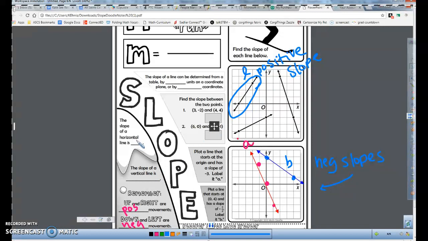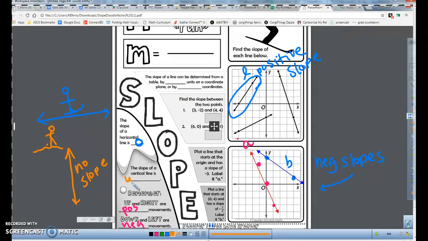The slope of a horizontal line, that's this kind of line, goes straight across. Remember we said if there was a little ski man going skiing, he wouldn't really go very fast because it's flat. So he goes 0 miles per hour. The slope of a horizontal line is 0. Versus a vertical line, when you come to the edge of the cliff, you should say no, because this has no slope.